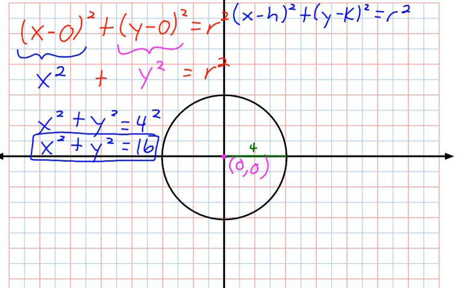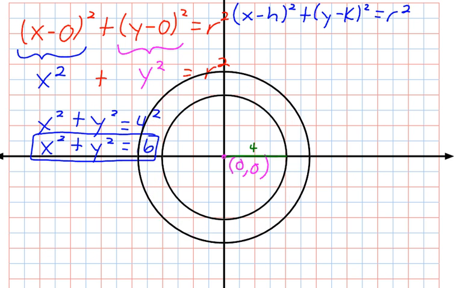So any circle that's centered around the origin that we have the graph of, or we're trying to graph, we're looking for this specific pattern, x squared plus y squared. So I'm going to draw one more circle up here, centered around the origin.